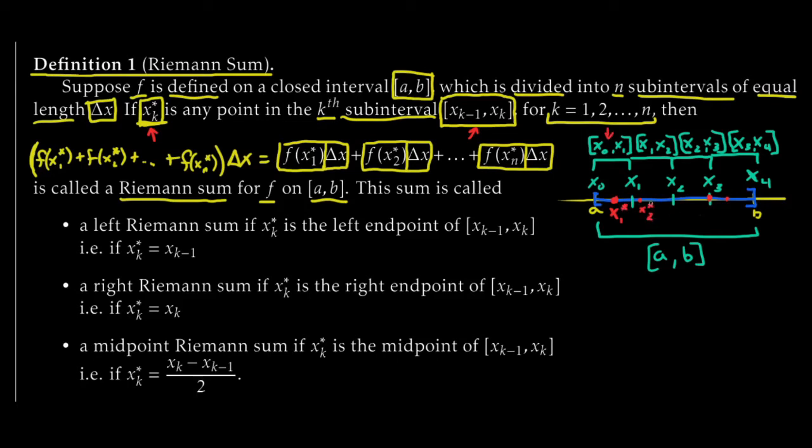Sorry, all these guys have little stars. This would be x3 star, and this one over here would be x4 star. So I just picked a point in each subinterval. As long as I'm picking one point in each interval, then I'm good to go. I can just evaluate the function at each of these points and get a Riemann sum.